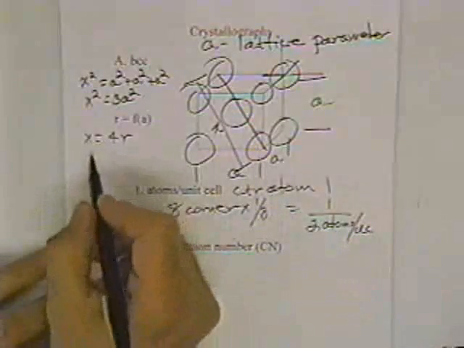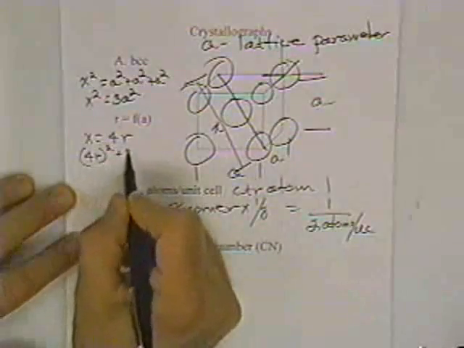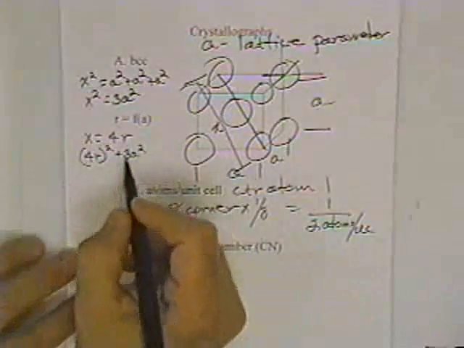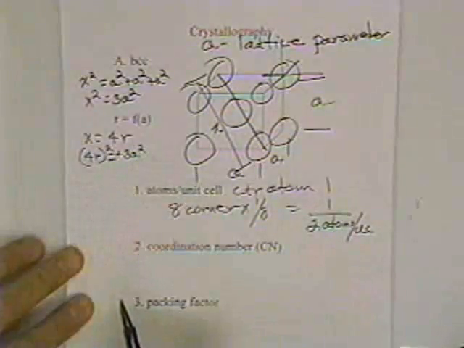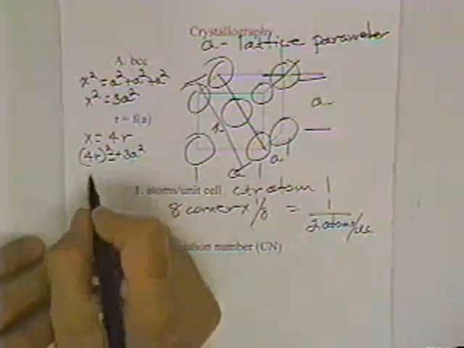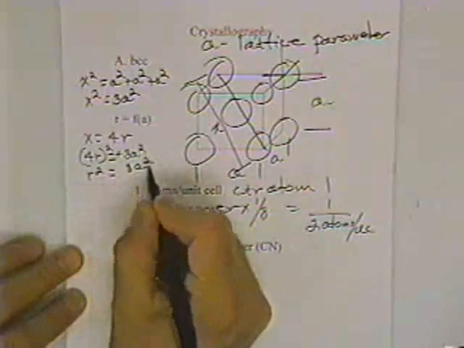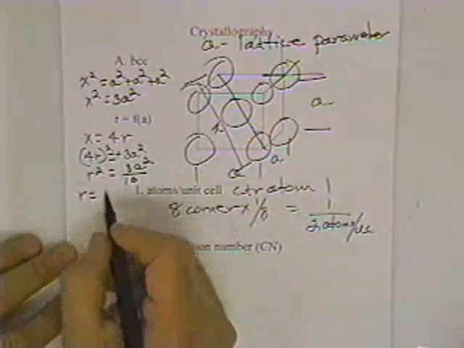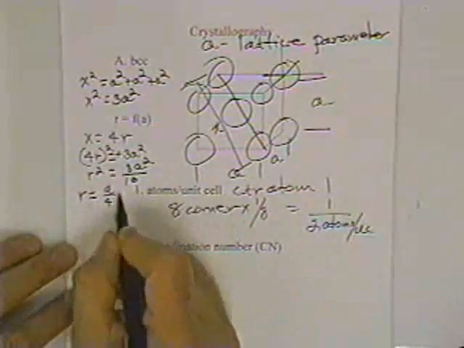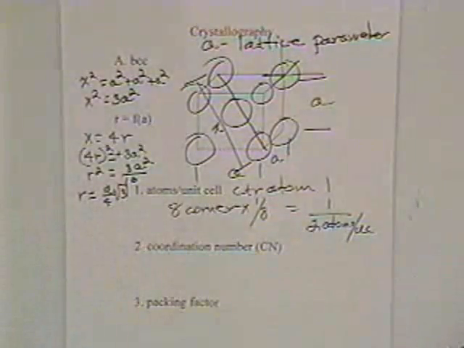So we can substitute in there for x: 4r squared equals 3a squared. I think I forgot the equal sign in there. And if we solve that for r, we have r squared is equal to 3a squared over 16. We solve for r, it's going to be a over 4 times the square root of 3. So if we can measure the lattice parameter, we can get a handle on what the radius of the atoms is.